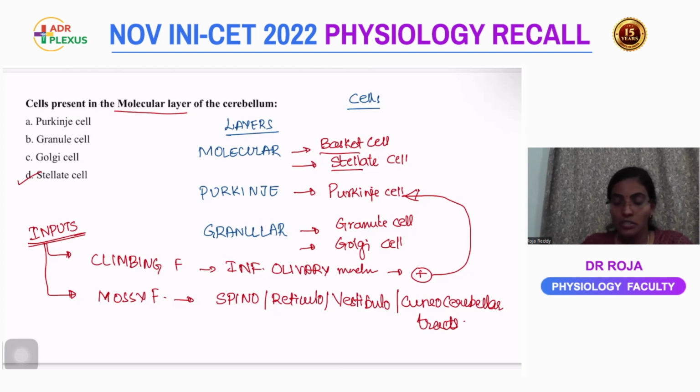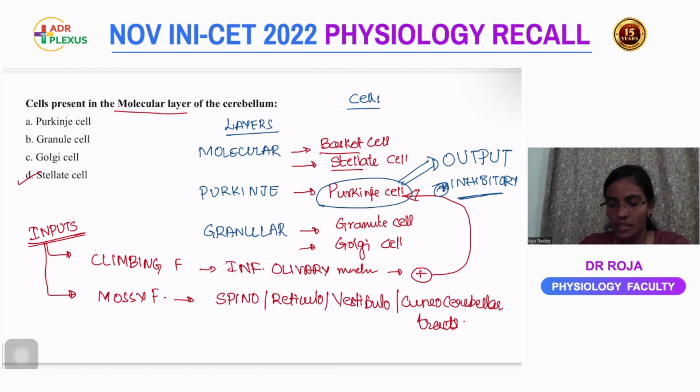These are the input fibers, these are the cells, and there is an output. And the major output from the cerebellum is through the Purkinje cell. Okay. And what kind of output is it? It is the inhibitory output. Okay. So this is about the cerebellum and the cells of the cerebellum.